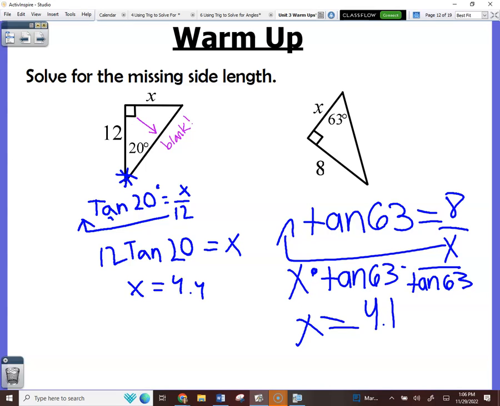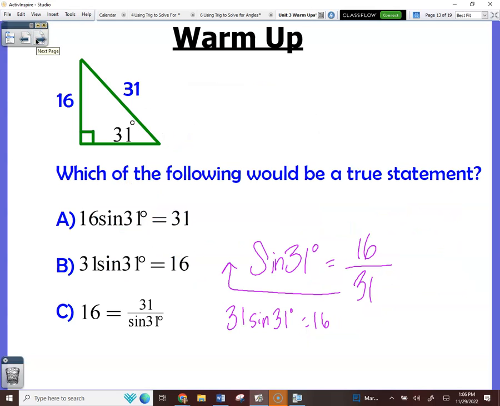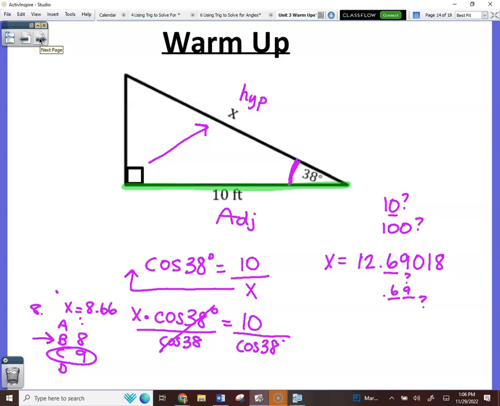I didn't let you try to decide which one to use. Then I taught you sine and cosine. And we learned that with sine or cosine, if you label your hypotenuse and then the other side based on the angle, you would know which trig function to use.